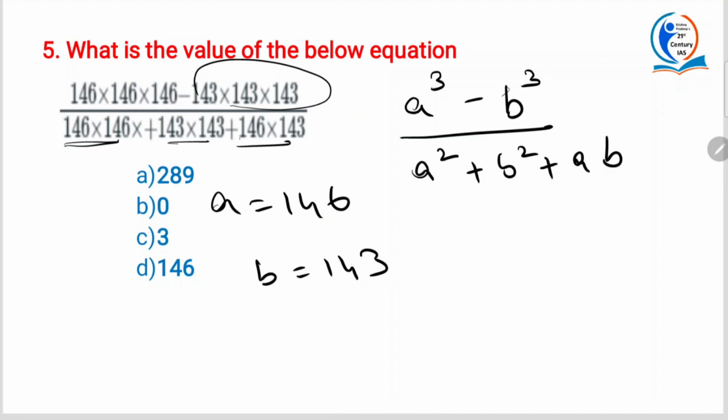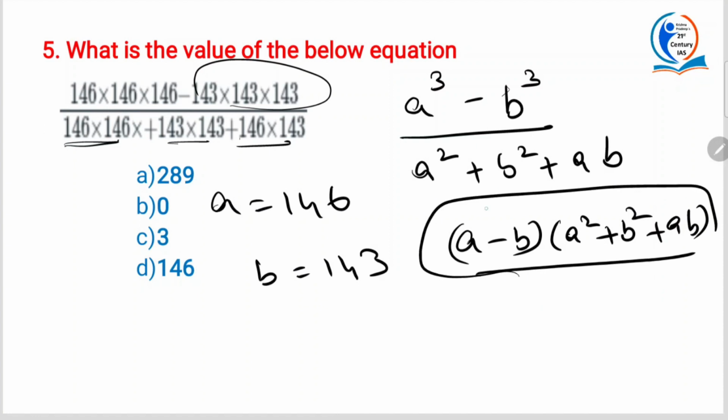So what is a cube minus b cube? We've already seen, right? A cube minus b cube is (a minus b) into (a square plus b square plus ab). Okay, so this is the formula for a cube minus b cube. Alright, so here if you substitute, what will you get?